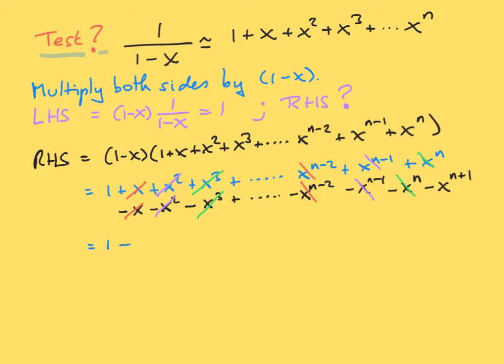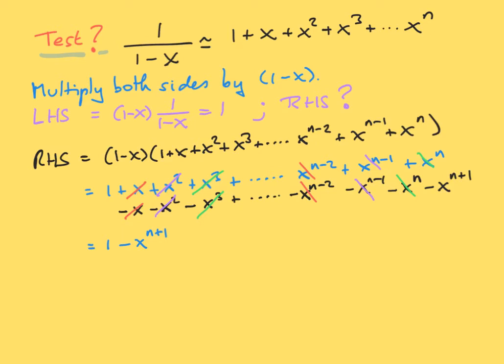So let me just write that down. So our answer for the left-hand side is 1 plus a term which is of a higher power in x than where we had stopped.